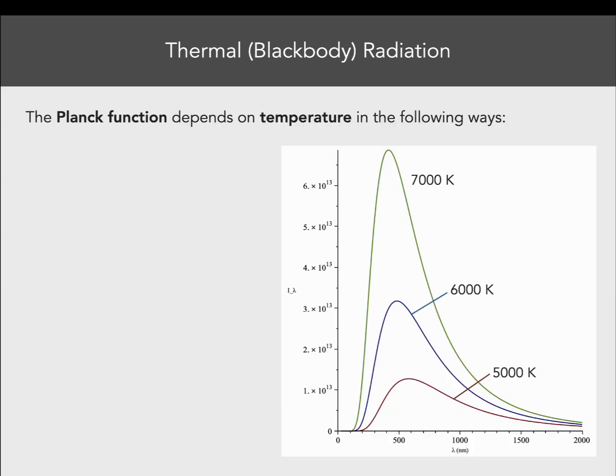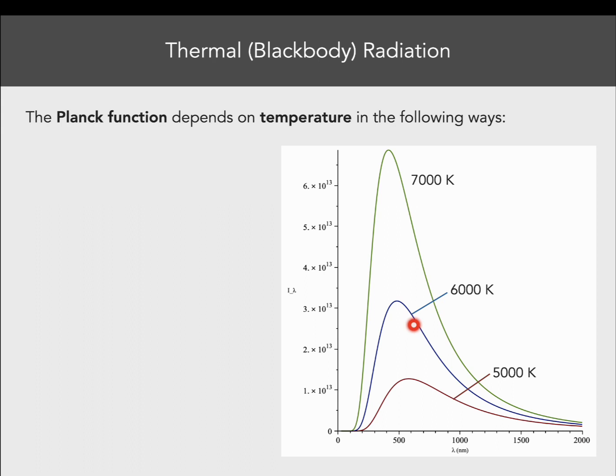So the Planck function depends on temperature in two interesting ways. Plotted here are the Planck curves for three different temperatures: 5,000 Kelvin, 6,000 Kelvin, and 7,000 Kelvin. 6,000 is close to the temperature of the photosphere, or the surface of the sun.